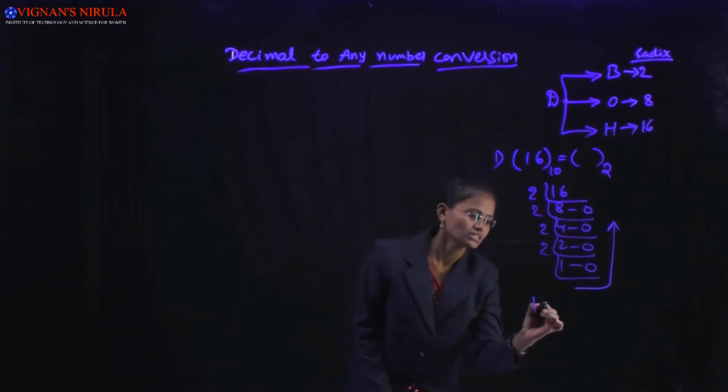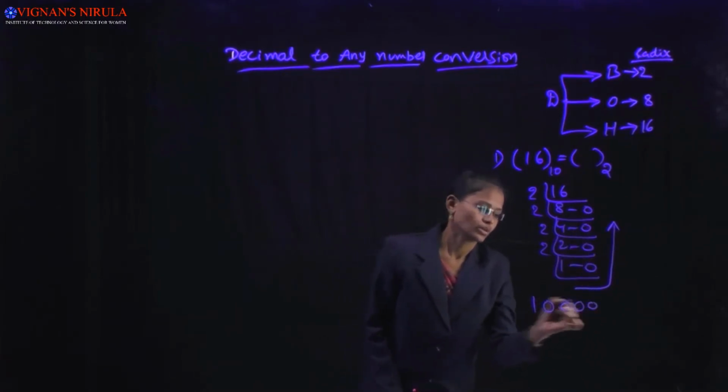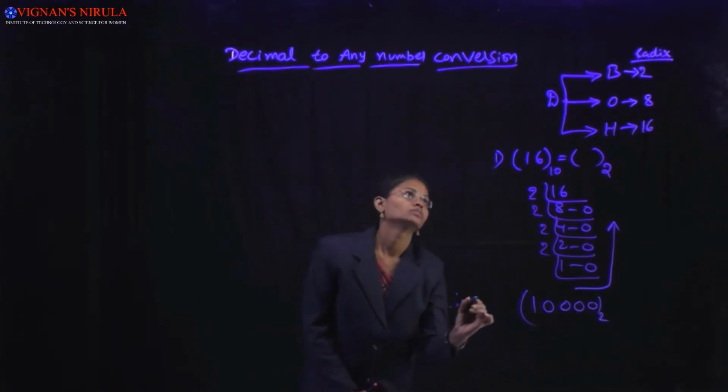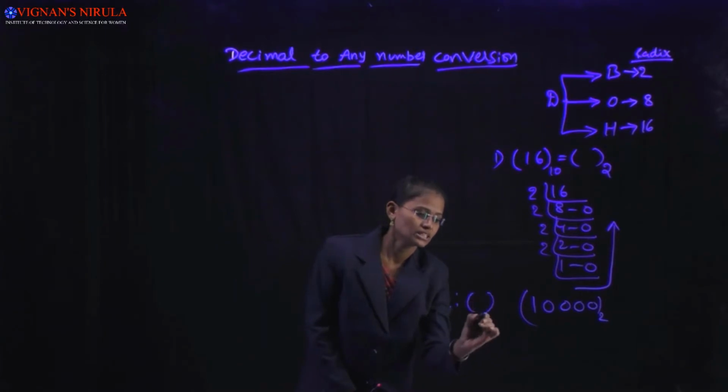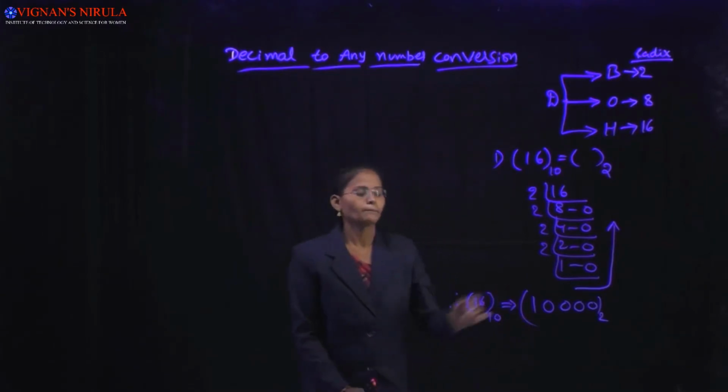This is the binary number. Therefore the decimal number 60, the conversion is binary.